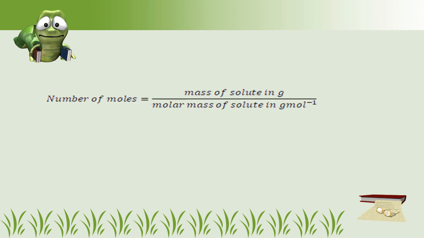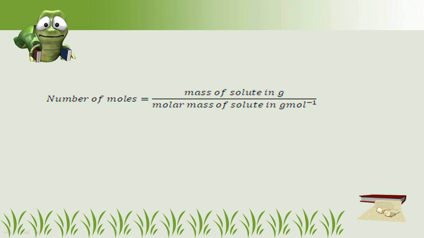Now we can see how one can obtain the number of moles of solute present in a given solution. If we know the mass of solute dissolved in the solution, then from the mass of solute in gram, we can obtain the number of moles of that solute.